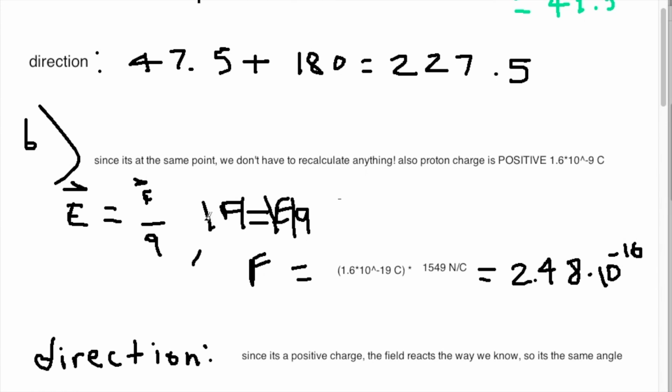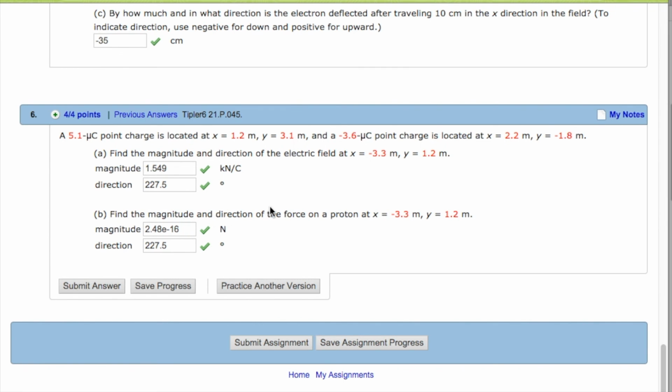First let's talk about the magnitude. It's at the same point, minus 3.3, 1.2. So the electric field is going to be the same. This magnitude and the direction of the electric field is going to be the exact same for this proton. Nothing's going to change because it's positive. If it was an electron or something negative, then we would have to flip everything. But it's positive, so we can just use that formula.